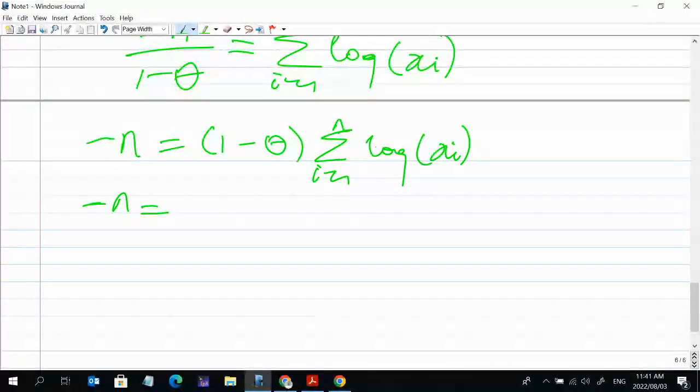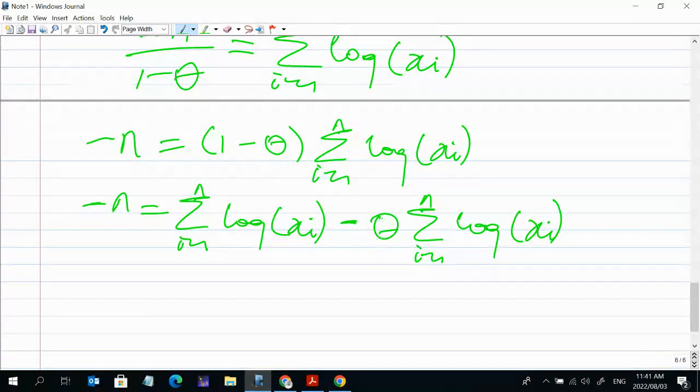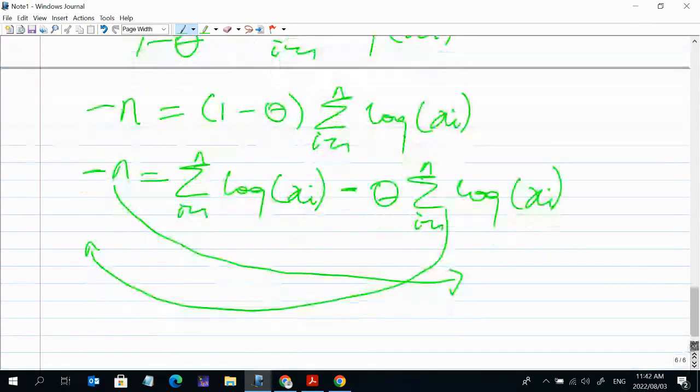Now we multiply through by the summation of log xi to get rid of these brackets. This will give us, because we're multiplying the summation of the log with 1, we get that. We multiply again the summation of the log with theta, so we'll have theta times the summation of the log of xi. So we can take this to the left and take this one to the right so that we can make theta the subject of the formula.